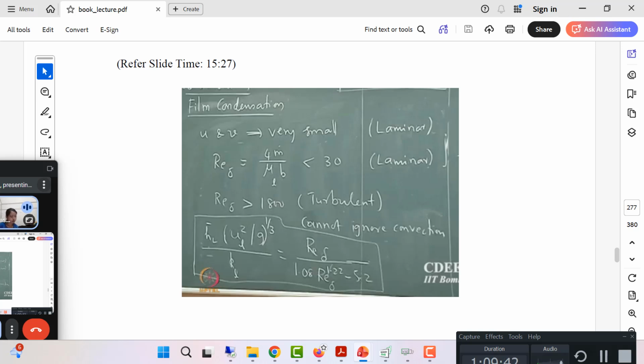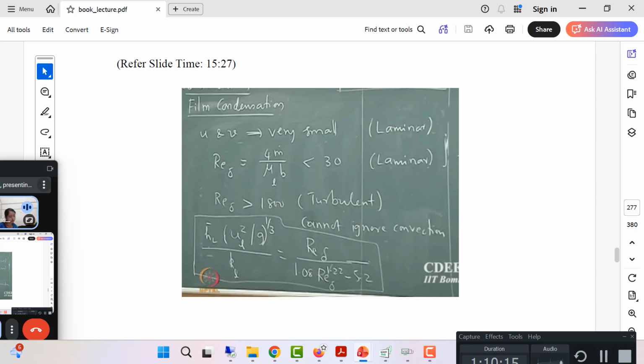HL bar is also equal to Q divided by pi DL into T sat minus T, right? So this is the left hand side actually, this one.